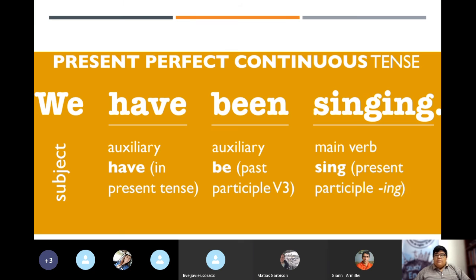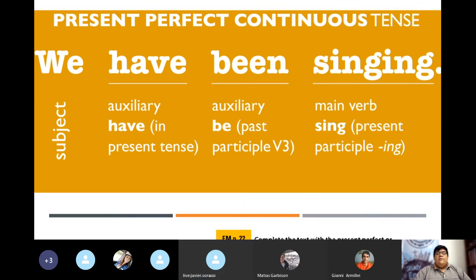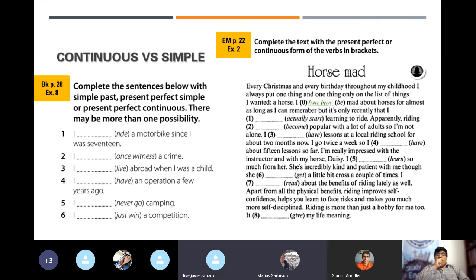Yes. Okay, let's see. Let's do the first activity, this one. This activity is from the book, page 28, exercise 8. Okay? The book, page 28, exercise 8. Are you there?